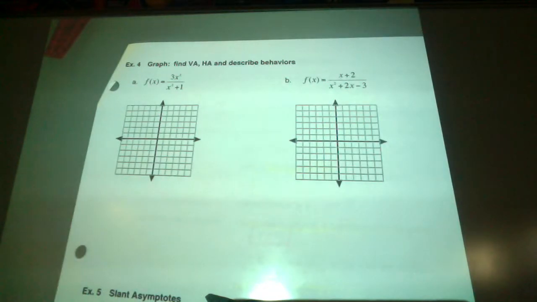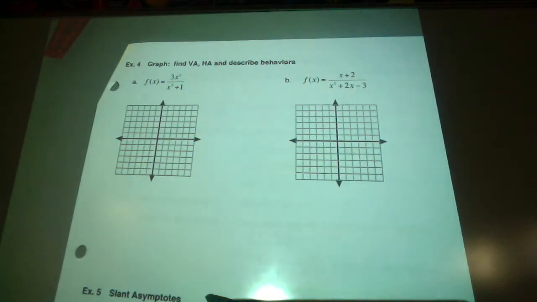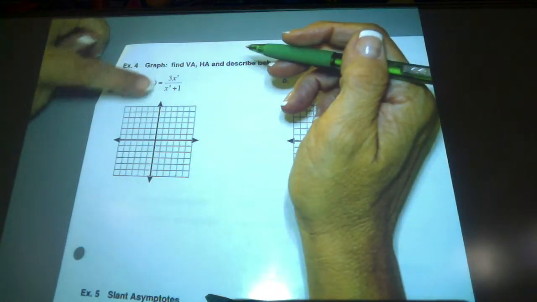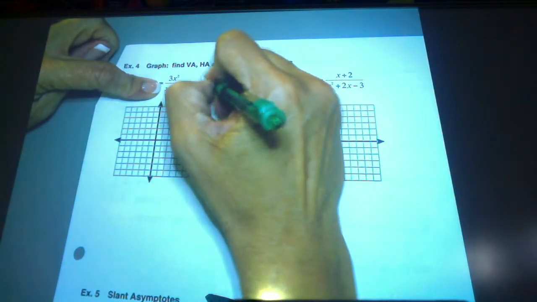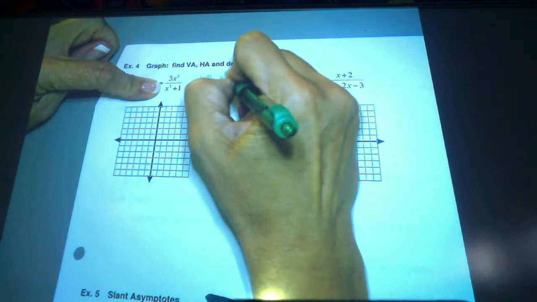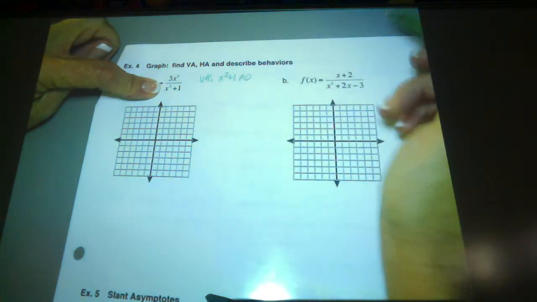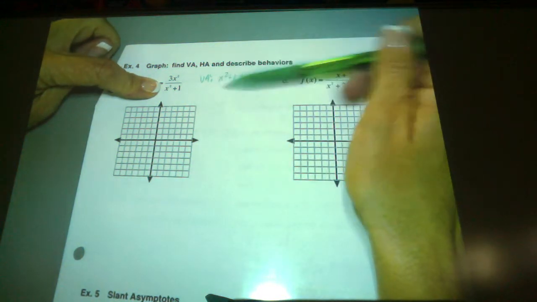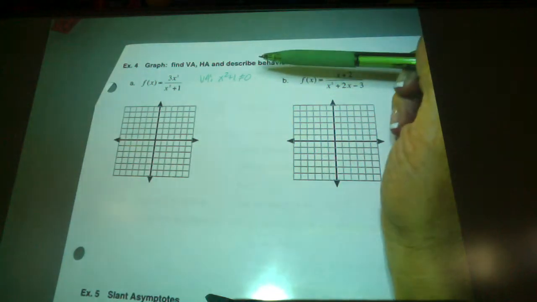This one, you're finding the vertical asymptotes, horizontal asymptotes, and describing the behaviors. Vertical asymptote means we are going to set the denominator equal to 0. So x squared plus 1 cannot equal 0. Can x squared plus 1 be factored? Nope.